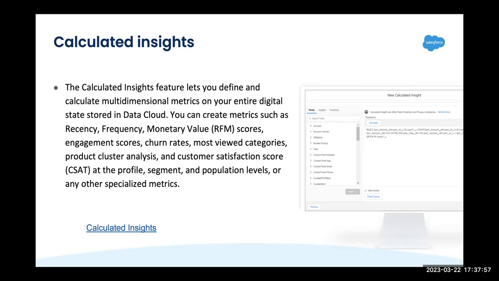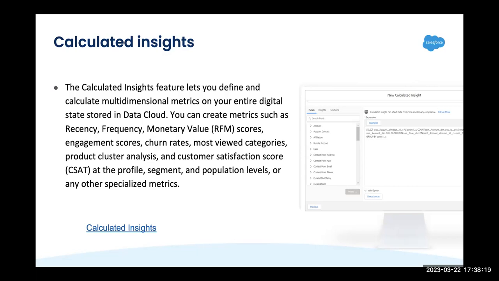You could calculate the engagement score from engagement data. You could calculate churn rates, most viewed categories, product cluster analysis, and customer satisfaction score at a profile level, and you could use the same scores for segmentation, at population levels, or any other specialized metrics inside calculated insights.